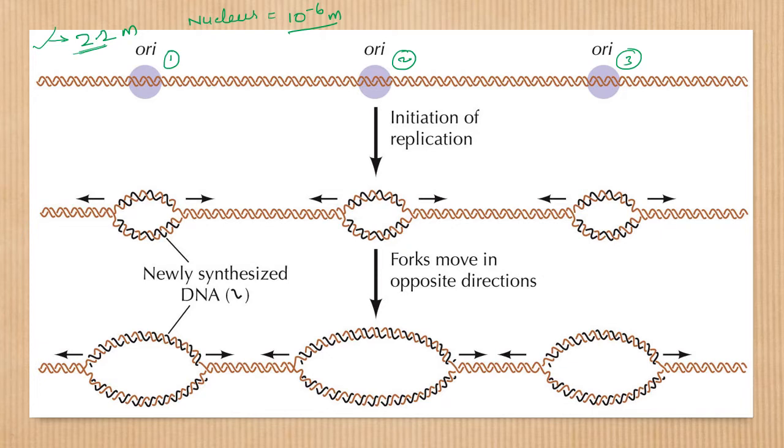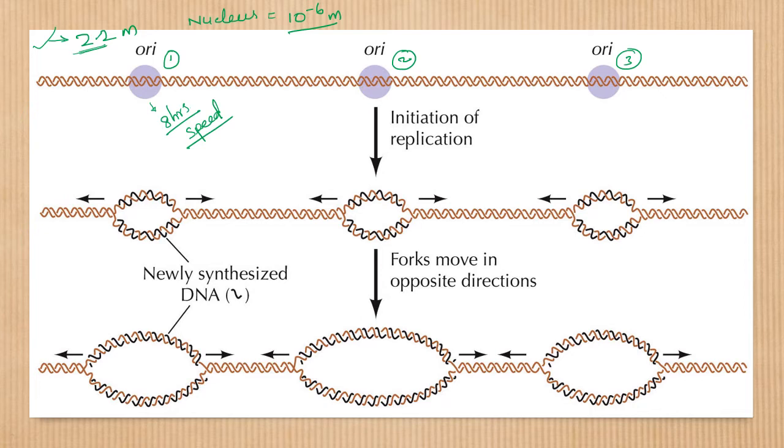Each replicon takes 8 hours to complete its replication. We also discussed why multiple replication units or replicons originate in DNA: because it accelerates the speed.